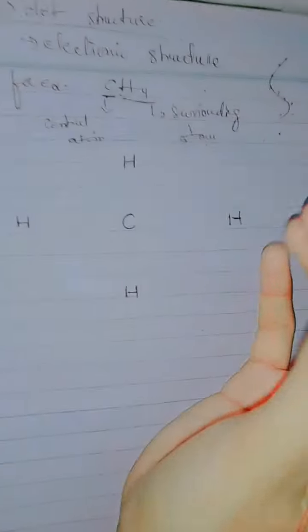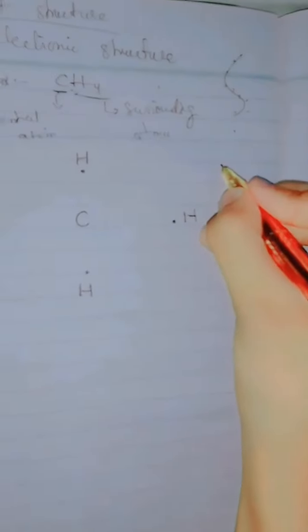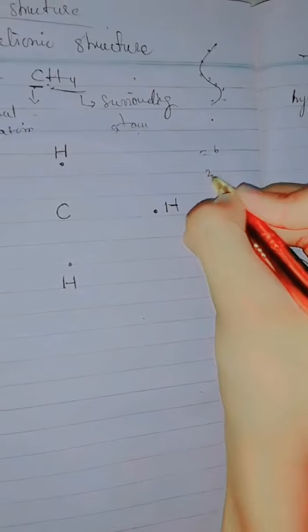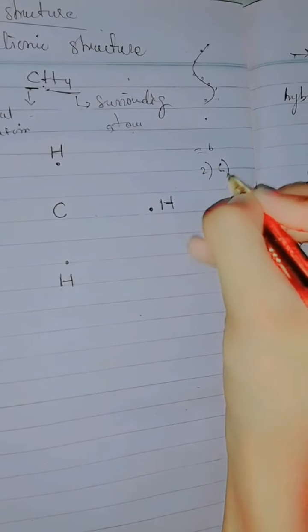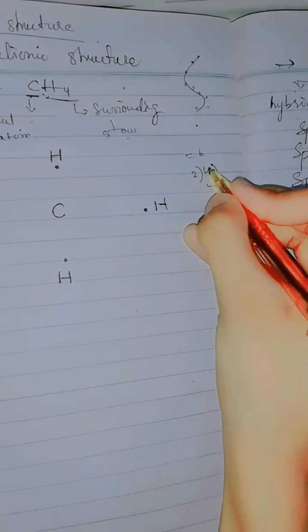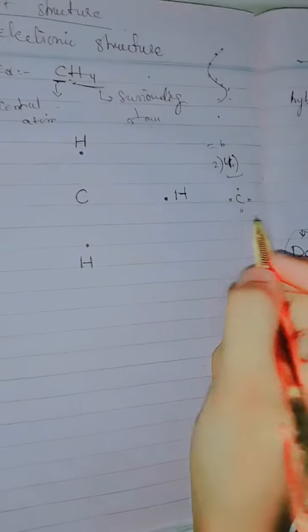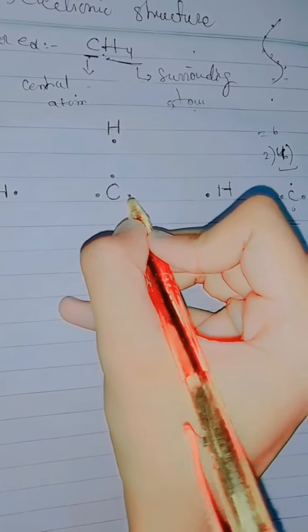Now we will take the valence electrons. Hydrogen has 1 valence electron, and each of the others also has 1. Now carbon has 4 valence electrons. How? It has 6 electrons in total, 2 in the inner shell and in the outer shell it has 4 electrons, so it will have 4 valence electrons.